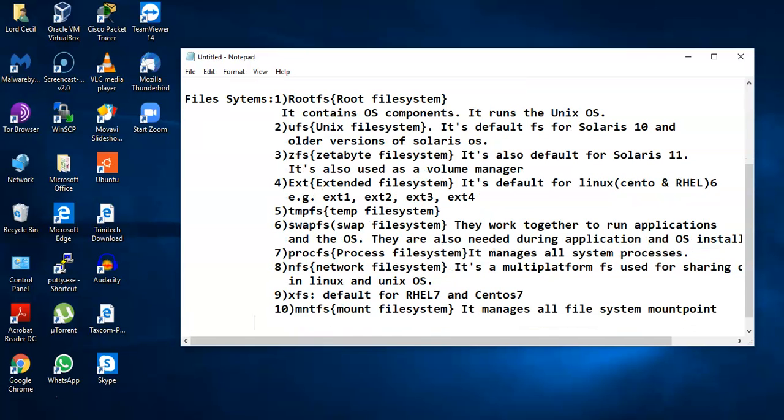Okay, let's write on the next one, which is HSFS. This is the High Sierra file system.